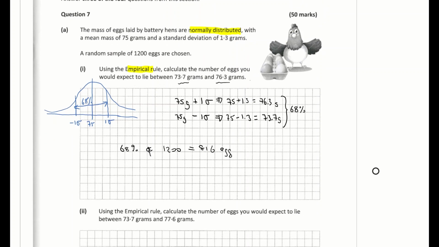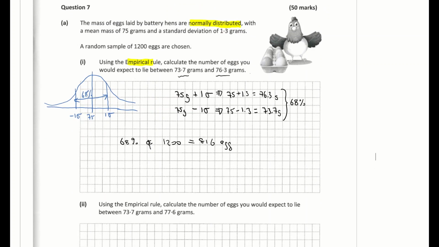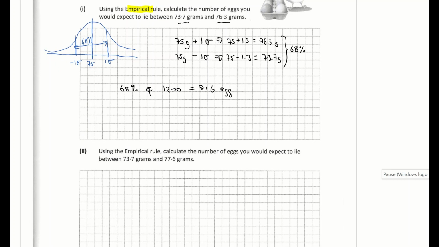Down to part 2 now, question 7, part 2. It says use the empirical rule, calculate the number of eggs you would expect to lie between 73.7 grams and 77.6 grams. So once again, I'm going to draw out my normal distribution. And once again, your mean lies in the center.